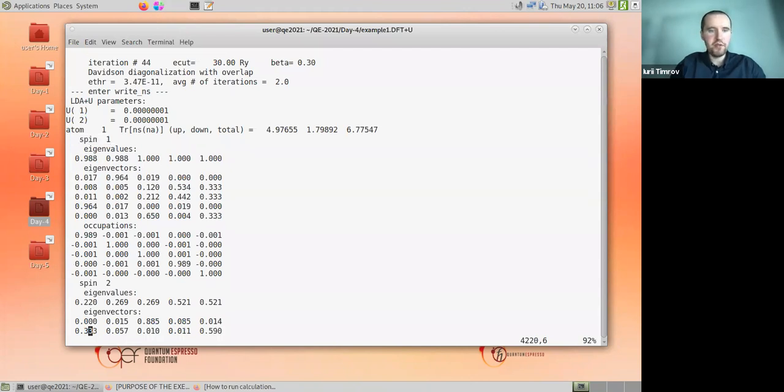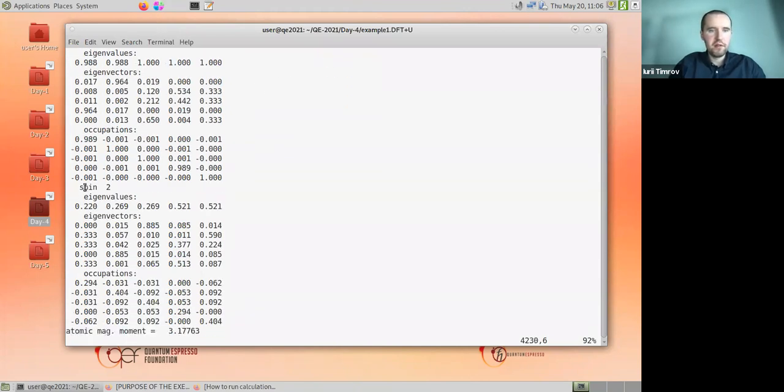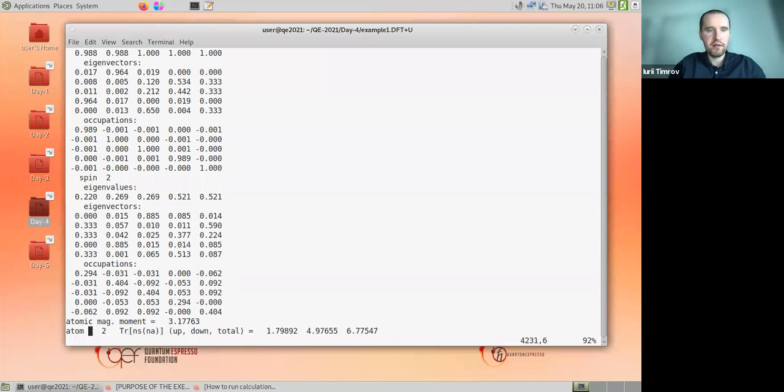And for spin 2, which is spin down, you see that in the spin down channel, instead of 1, we have some fractional occupation. So those are partially occupied. When it's 1, it's fully occupied. When it's 0, it's fully empty. So here we have partial occupancy in the spin down channel.